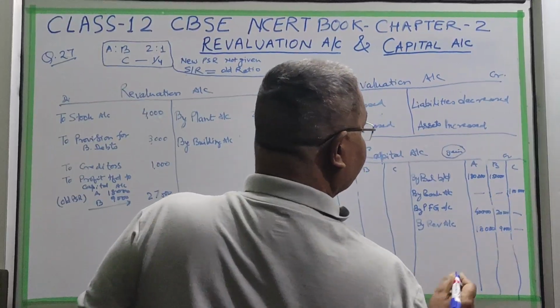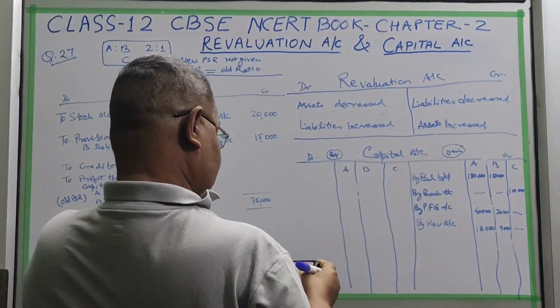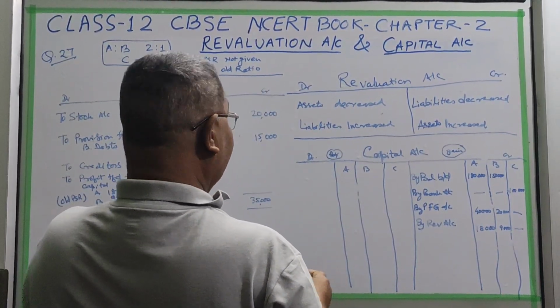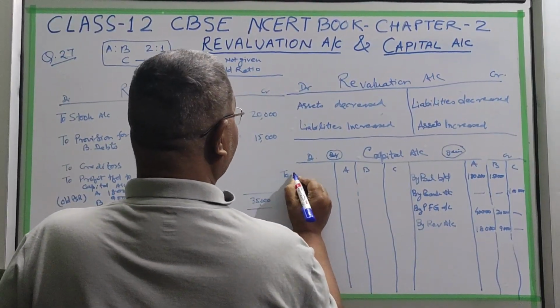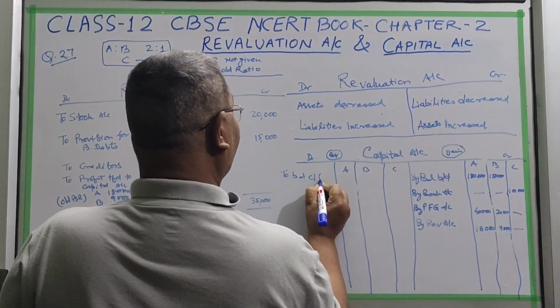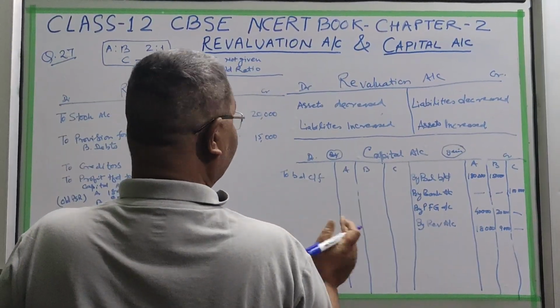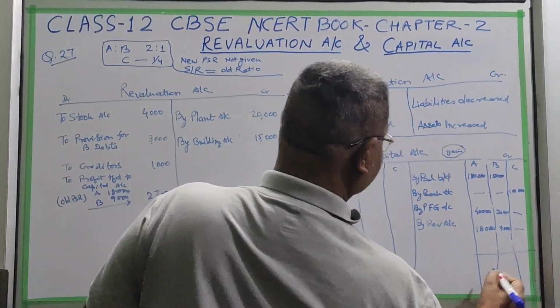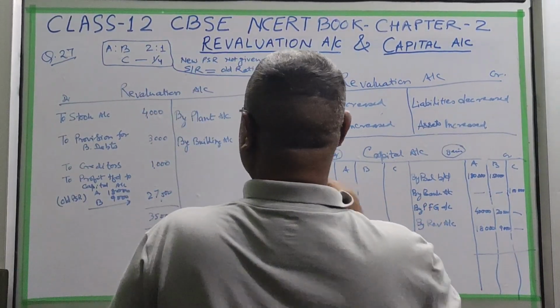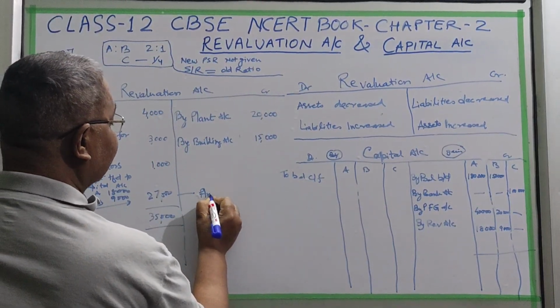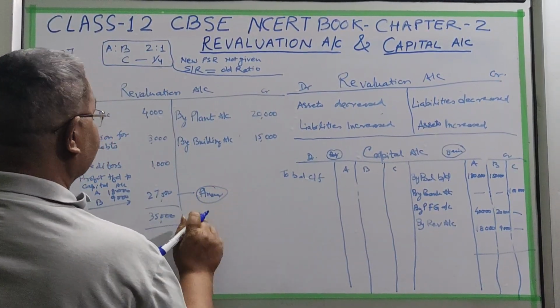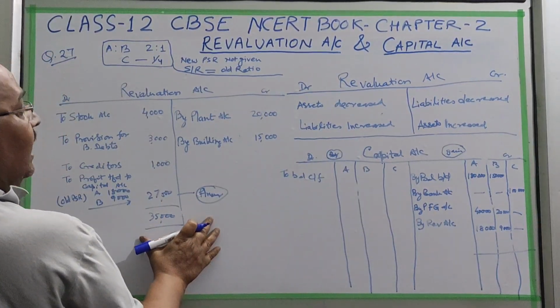Okay. Then your question is now over. We will make the balance here, to balance carried forward. So this is the profit. One answer is this and one answer is this of the revaluation account.